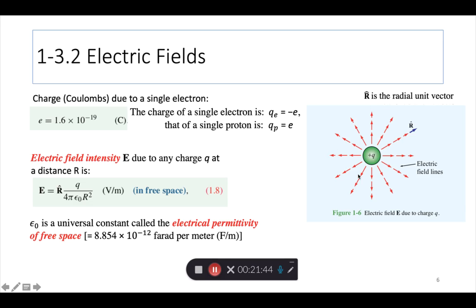These flux together give us a field. So these lines, they come out in this direction. And here we introduce a new concept called the radial unit vector.